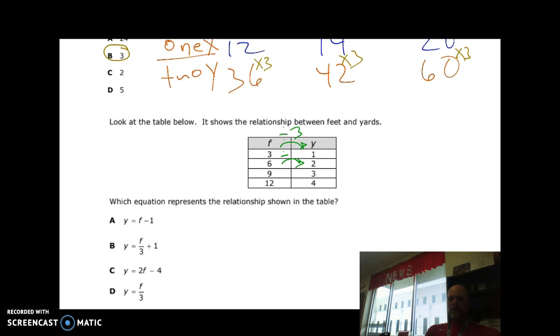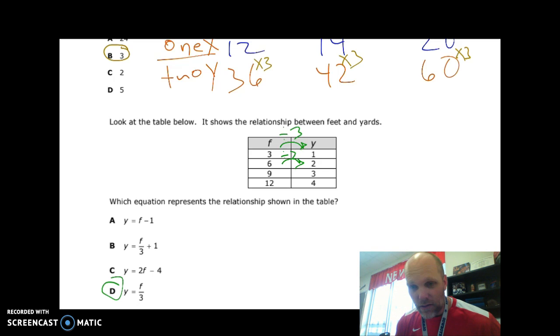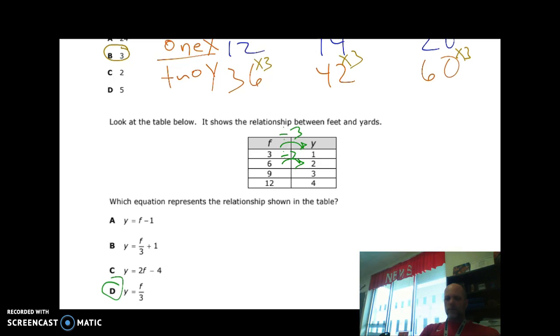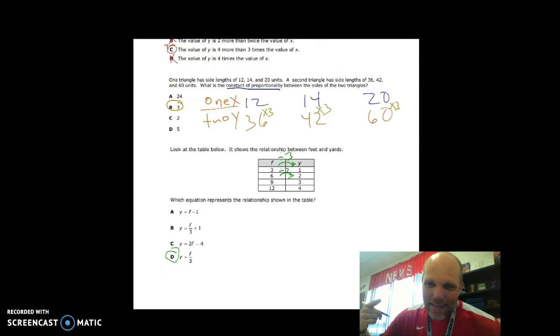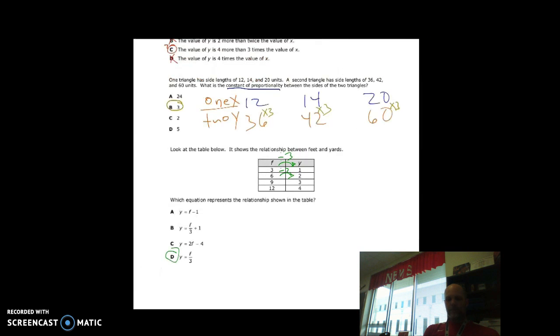Hey, look, it's still the same answer. How do you get y? You divide f by 3. So apparently no matter which way you do it, you'll get the right answer. Just don't do it the long way, like Haley just told us to do. I'm kidding. It was me. Okay. God, Haley, so much work.